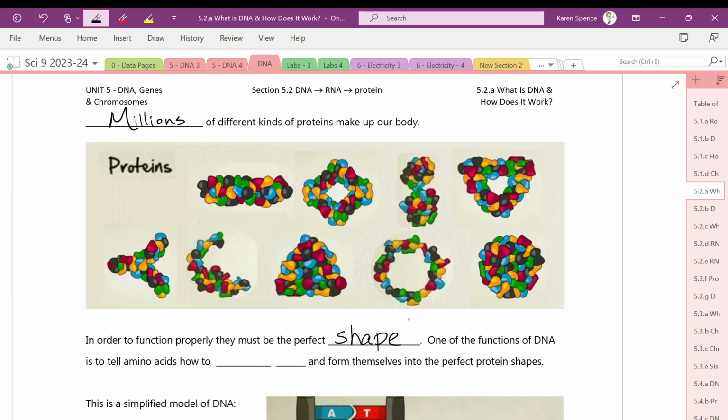Your body says, I need some melanin in my skin so that I don't get burnt by the sun. What do you think that melanin is made of? It's like a pigment. It's like a color. It's made of protein. Okay? So the pigments in your eye, the pigments in your hair, the pigments in your skin, those are all made of proteins. The digestive enzymes are made of proteins.